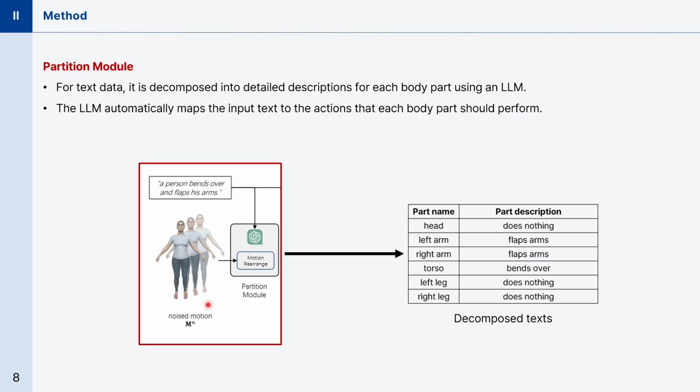The LLM automatically maps the input text to specific actions that each body part should perform. This decomposition ensures that each body part receives clear task-specific instructions, setting the stage for precise motion generation in the next stages of the pipeline.